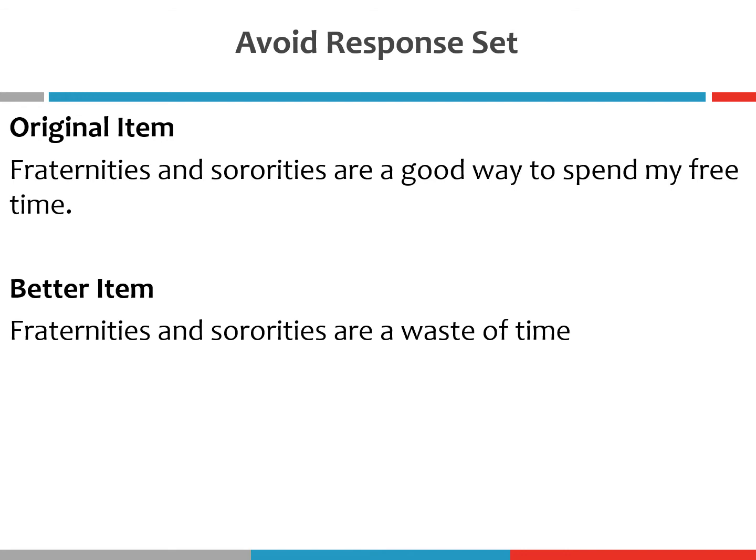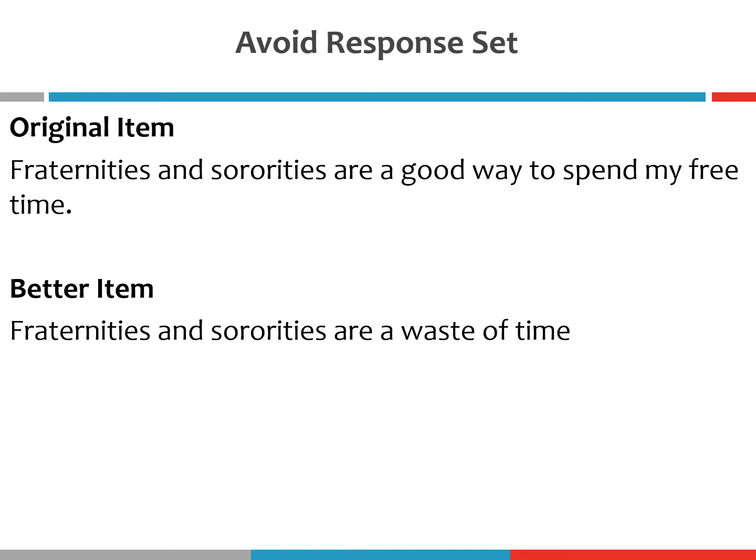So if we want to simply and quickly sum up a participant's responses to get a score, and we want the score to be simple to interpret, so we want a higher number to mean that our respondent exhibits more of the trait, or that a higher score would indicate that our respondent is in favor of joining a sorority, then doing this opposite question here might make that harder.